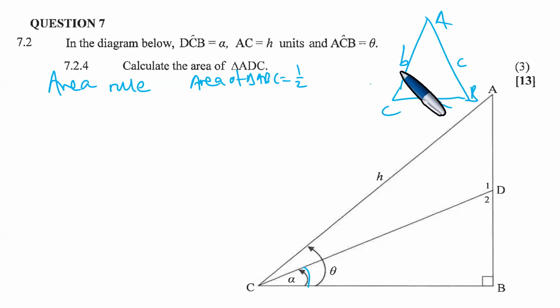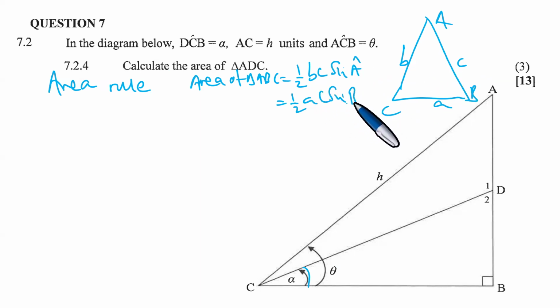So we can say it's half BC sine A, half the product of the lengths of the adjacent sides by the sine of the included angle, or we have half AC the sine of B, or half AB the sine of C. So we have this. Now to look at 7.2.4, we want to find the area here.